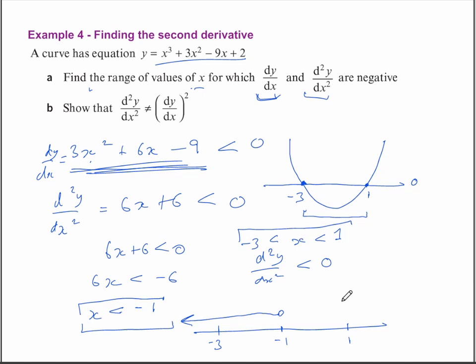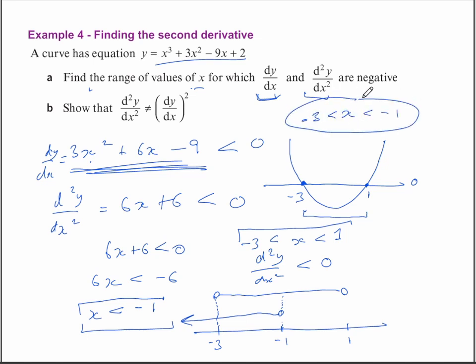While for the first derivative, it's going to be from 1 up to -3, open circle on both ends. Combining both of them, for when both of them are negative, we will see that the endpoint for the dy over dx and the endpoint for the second derivative, we will get that the range is going to be from -3 up to -1.